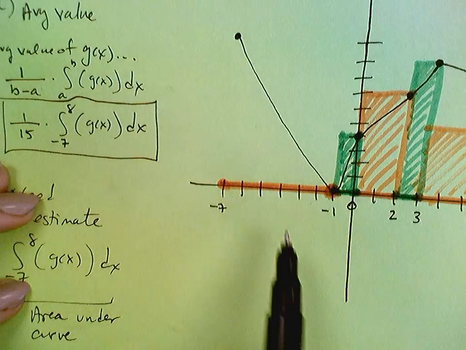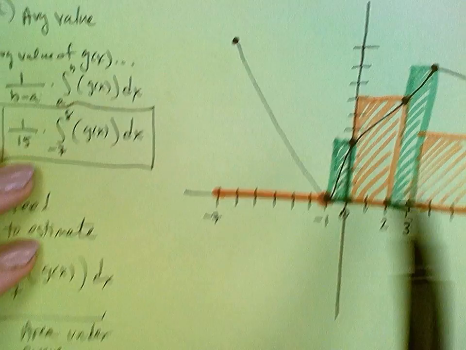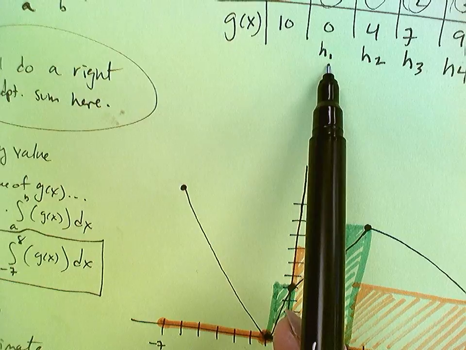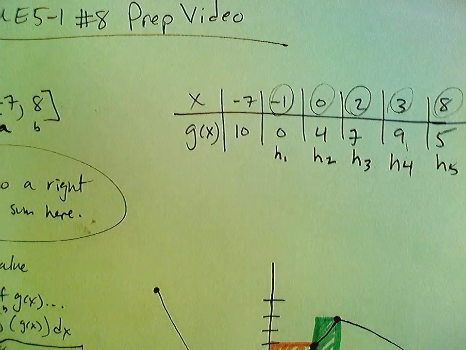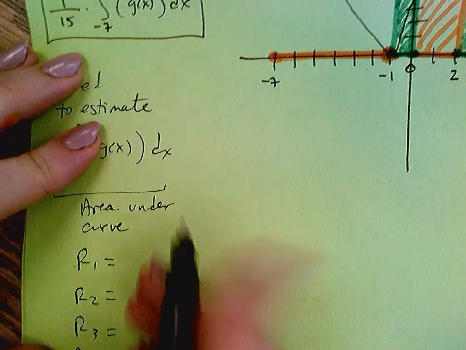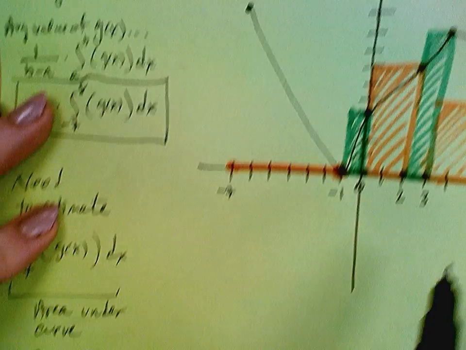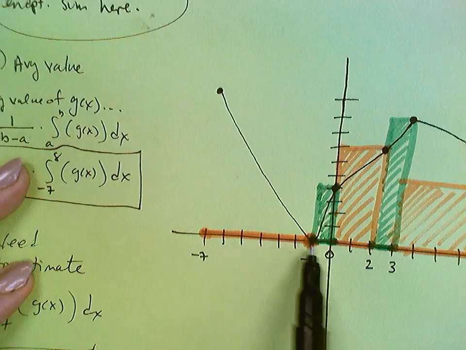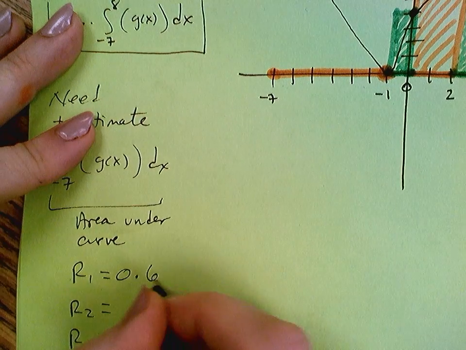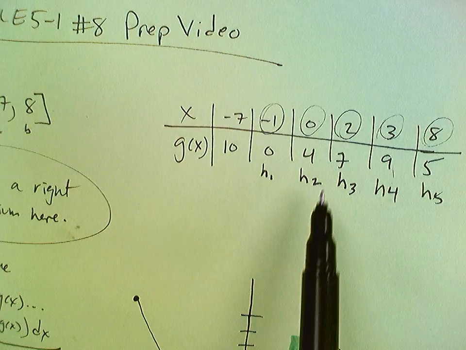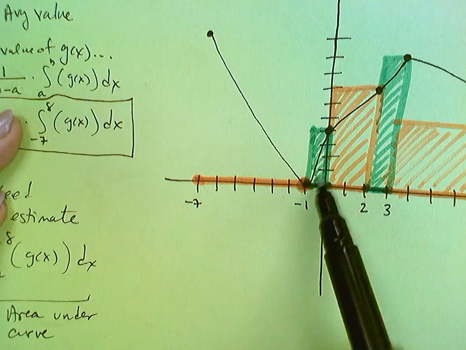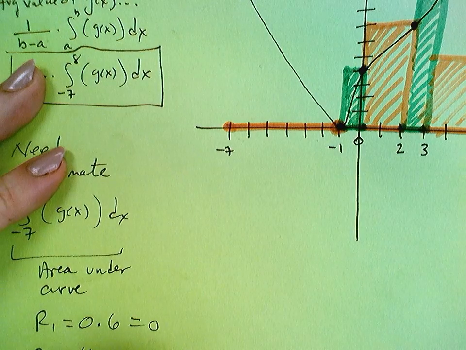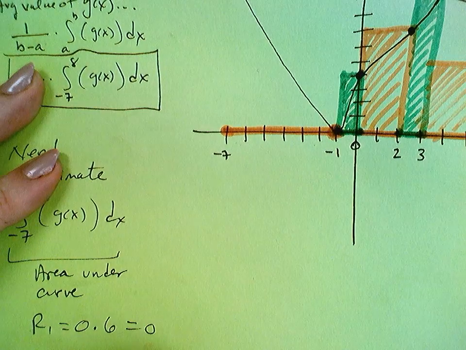So for rectangle 1, the height is 0. So height 1 is 0 times the base, this base is 6, so that's 0. Rectangle 2, the height is 4. So this green rectangle, the height is 4, so 4 times the base is 1.